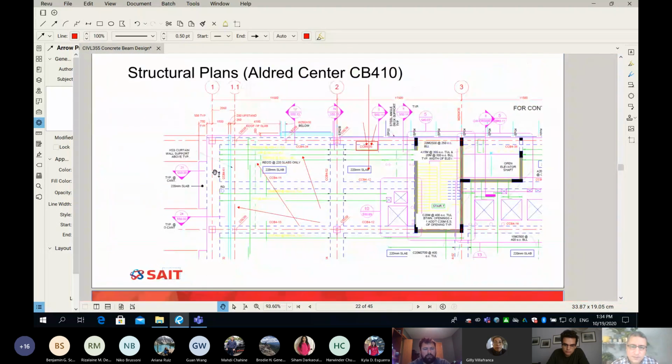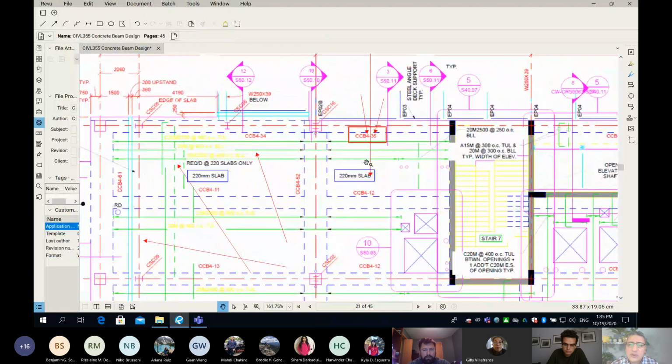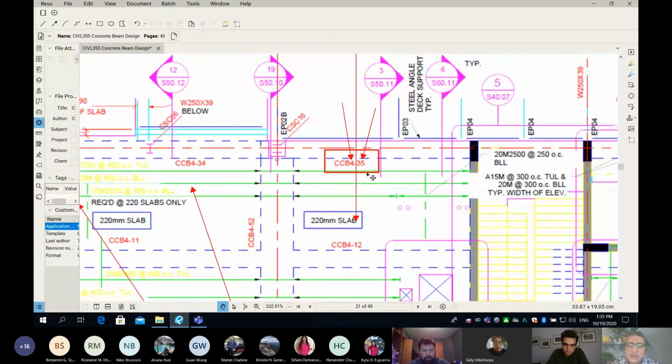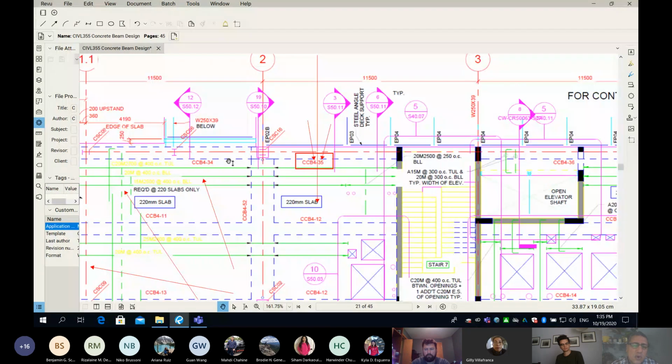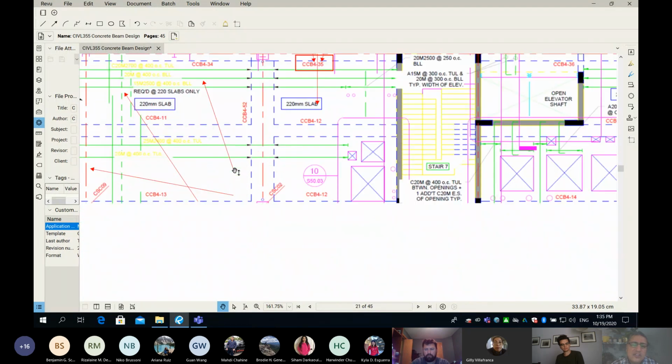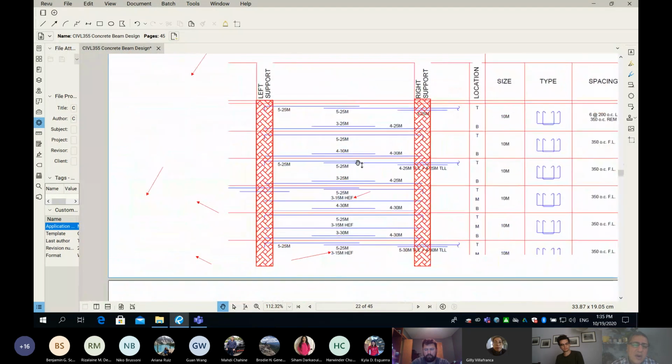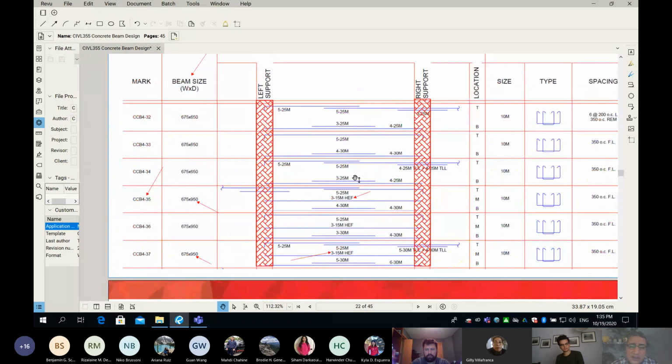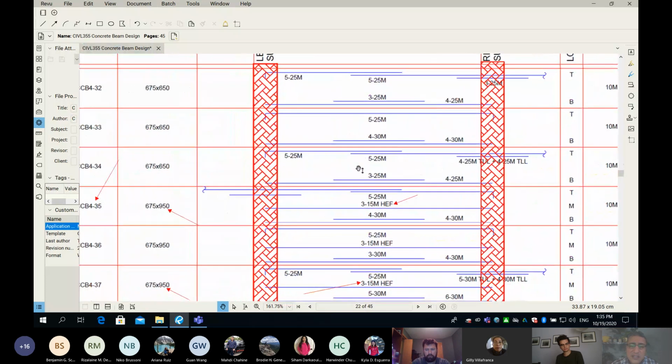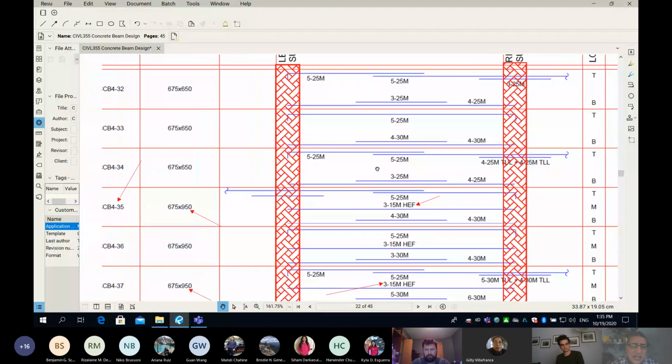Let's check this on the plan view. What happens to the right of my 35? There is an elevator. So here is my beam, and it doesn't continue to the right. That's the last span on this side. However, on the left side, we have a beam called 34. If you want to know the reinforcement of 34, very simple, you go down here and look at beam 34, which is the same.